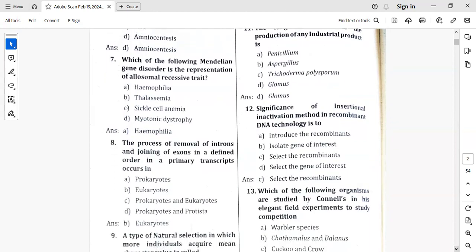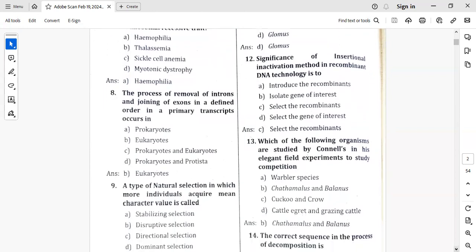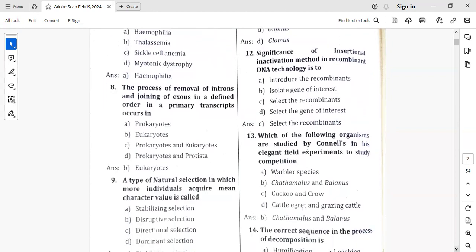The significance of the selectable marker in rDNA technology is to select the recombinants. Which of the following organisms were studied by Connell in his elegant field experiments to study competition?